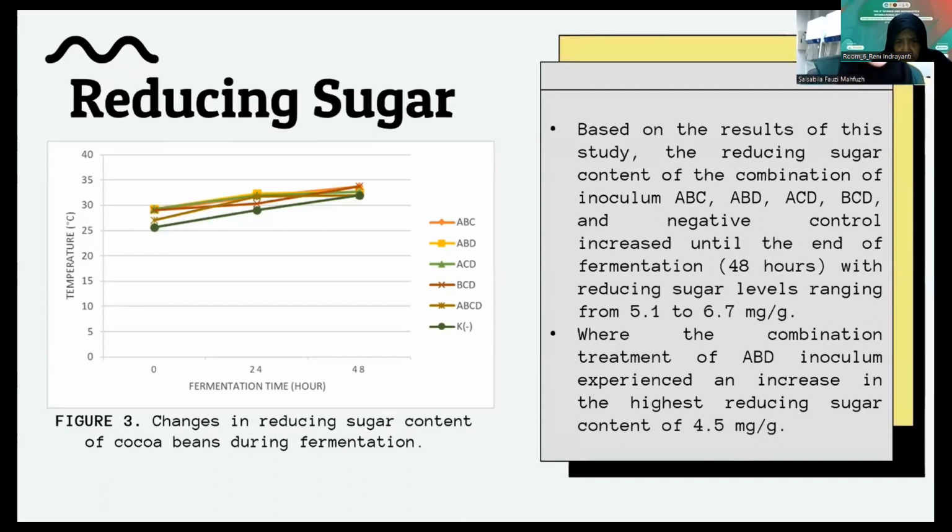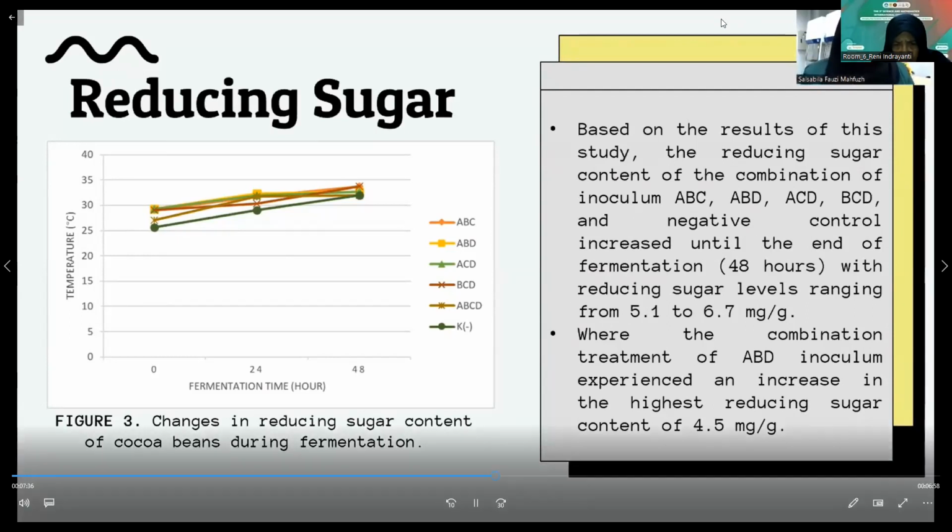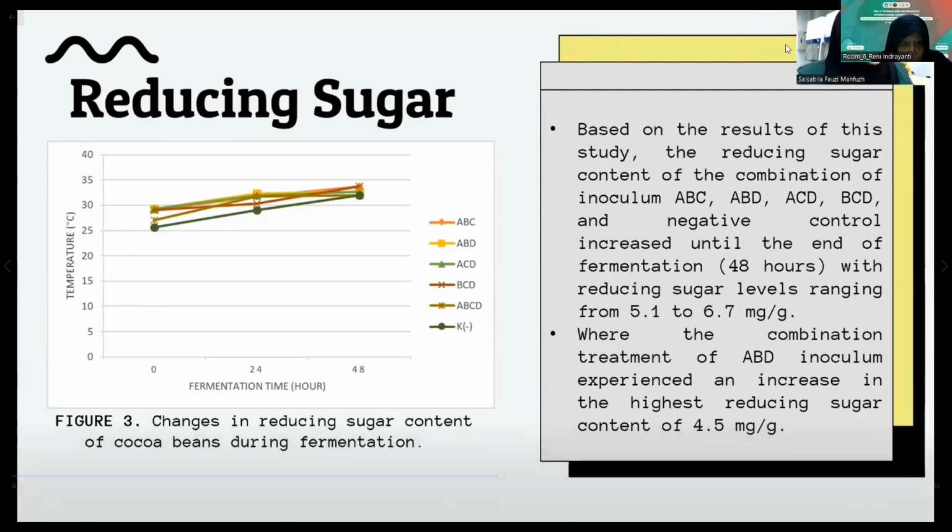And the next one is reducing sugars. In cocoa beans, the sugars are sucrose, glucose, and fructose, and sucrose is the main component, followed by fructose and glucose, which make up about 6% of the total sugars. Based on the results, the reducing sugar content of the inoculum combinations ABC, ABD, ACD, and BCD, and the negative control increased until the end of fermentation, with reducing sugar levels ranging from 5.1 to 6.7 milligrams per gram in figure number 3.